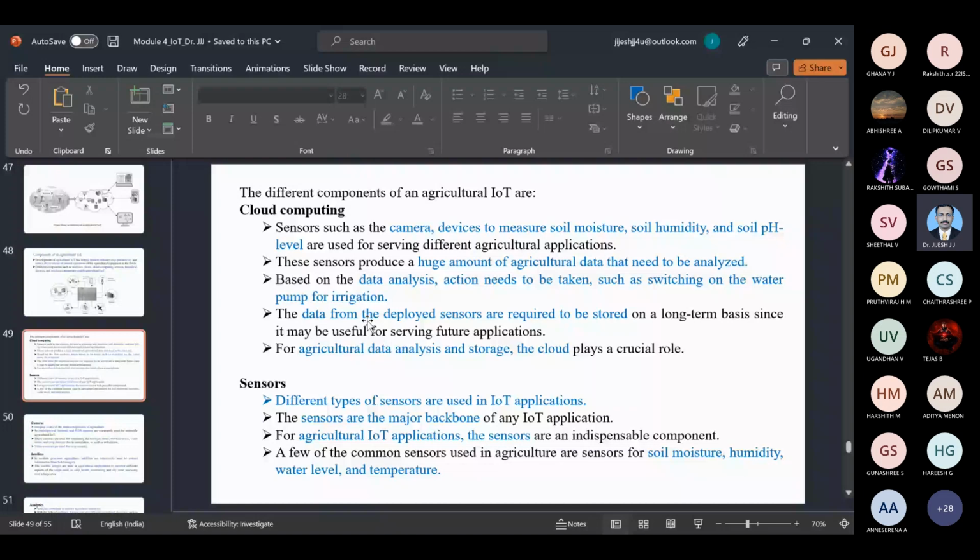Whatever data analysis you do and whatever action needs to be taken, the technology has improved to the level that it will give you suggestions based on all the data it collects from the land or the agricultural field.